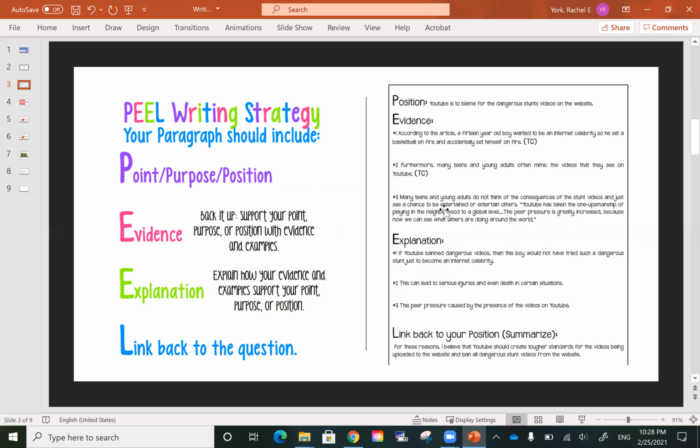And then right here you have another thing, and then you have a quote, looks like, from the article here. They forgot to put the TC in the parentheses, but that's okay. We can kind of get that that is part of the text citation. All right. Now remember, your in-text citation comes directly from your source citation that you put on your works cited.